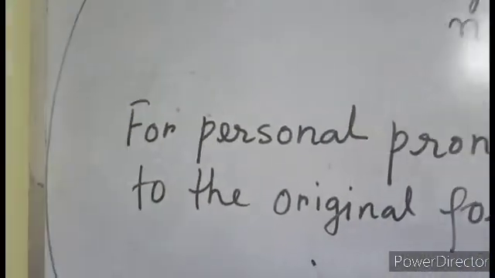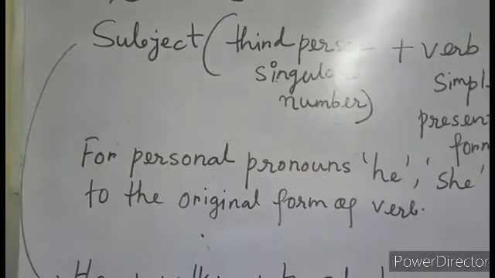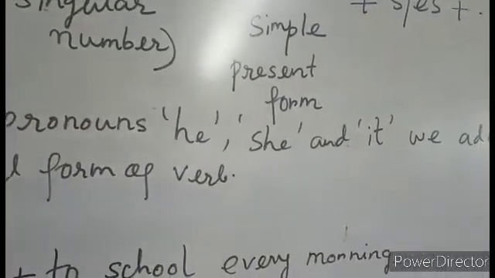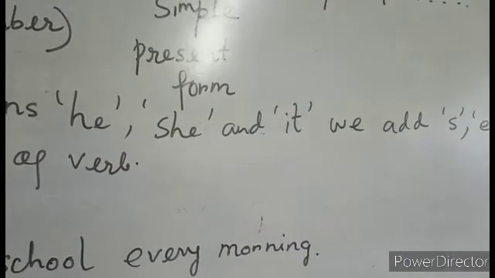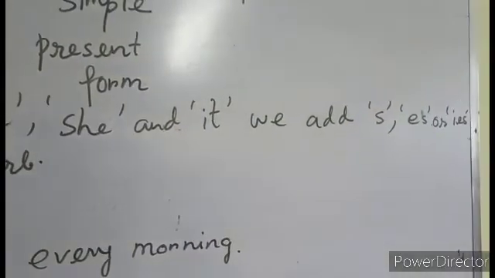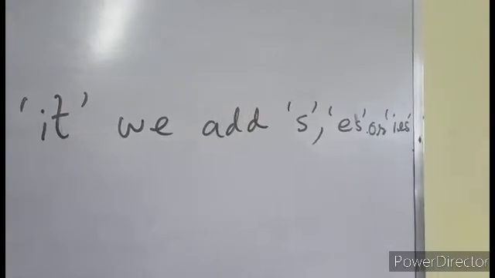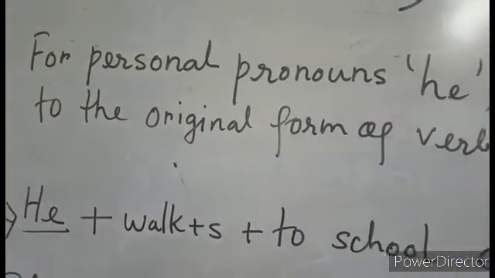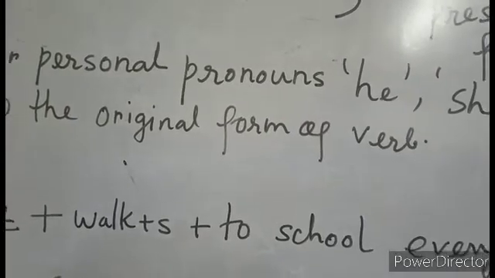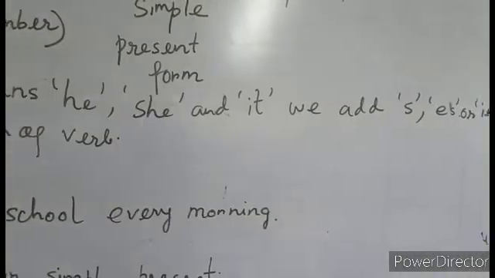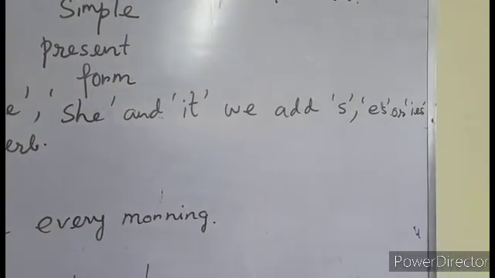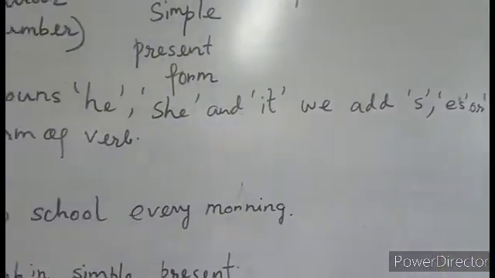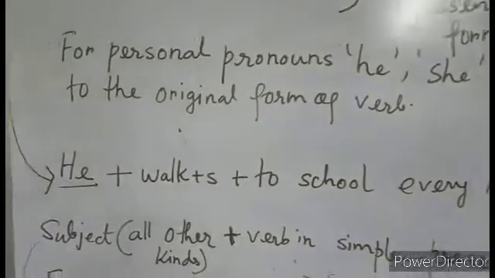In the subject part, if it is a personal pronoun like he, she and it, then we have to add s, es or ies to the original form of the verb. Where to use s, ies or es, these rules you will learn later.